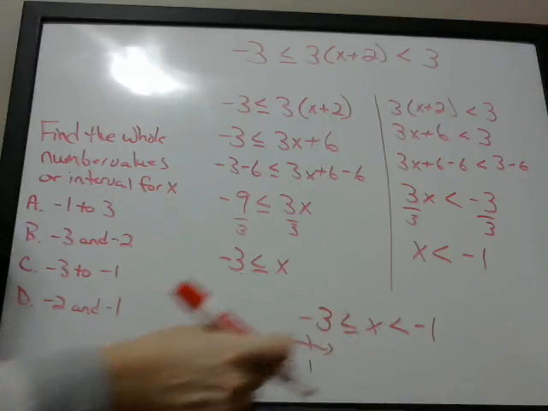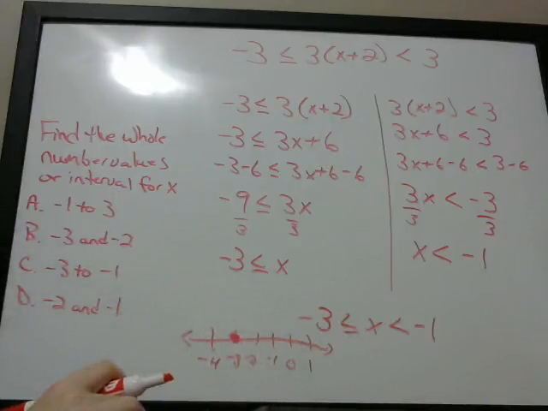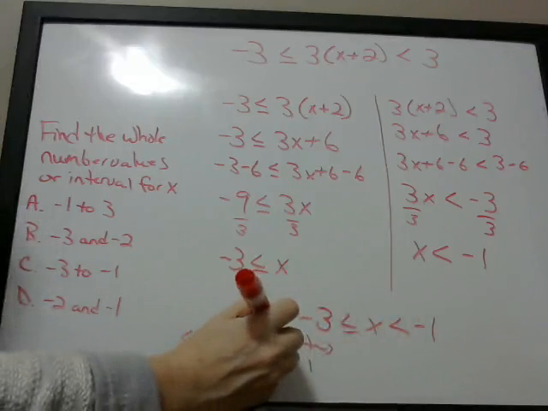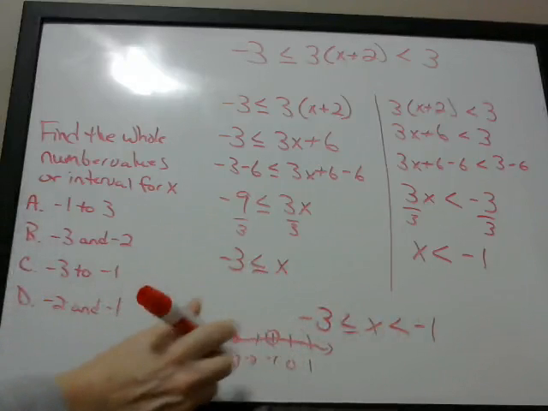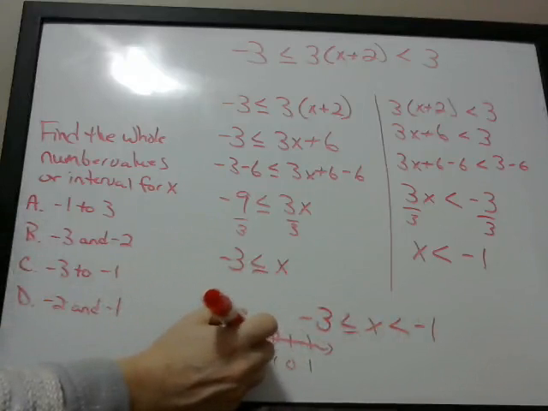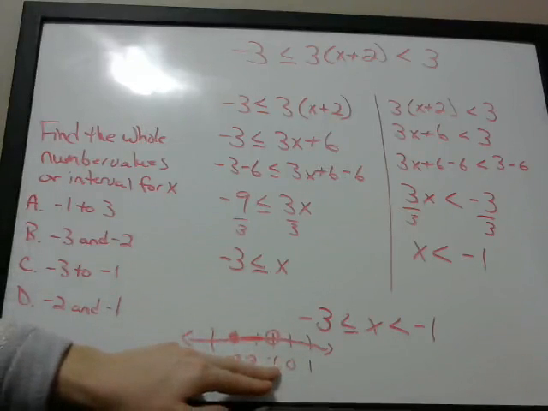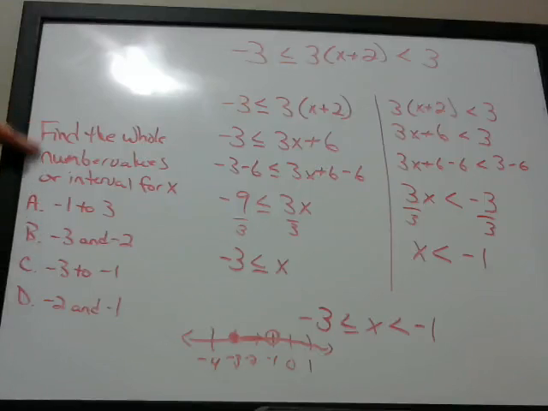It says x is greater than or equal to negative 3, so that's a solid dot we're going to put there, and it's less than negative 1. So it's not equal to negative 1, it's less than negative 1. So we're going to put an open circle there. So x can equal any of these numbers less than negative 1, and equal to or greater than negative 3.